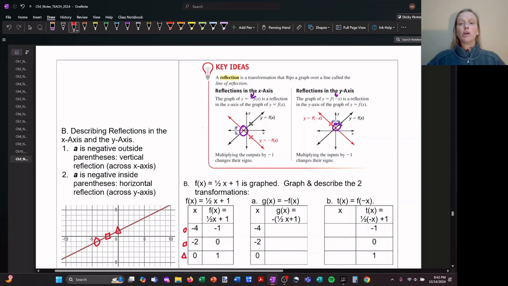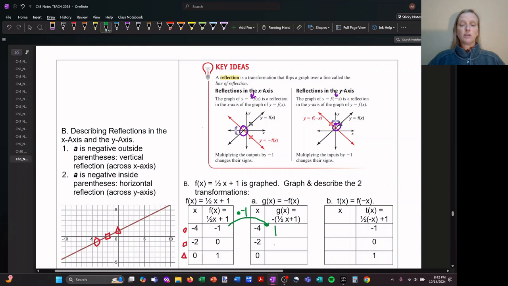And now I'm going to look at what happens when I multiply by -1 outside parentheses to graph my g of x function. So outside parentheses, I plug in my -4. Basically, I'm just taking that output value and multiplying it by -1. So whereas I had -1 before, I now have +1.